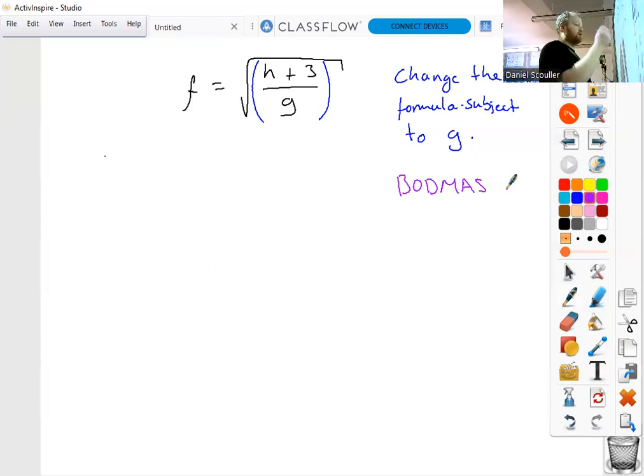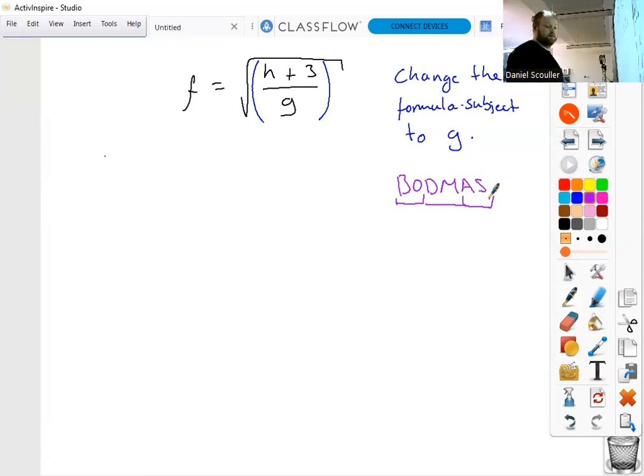We do the brackets and orders first, then the division and multiply, then add and subtract. Similarly, when we're trying to isolate subjects in formulas, you need to do it in a specific way. Roots and squares we need to get rid of first.